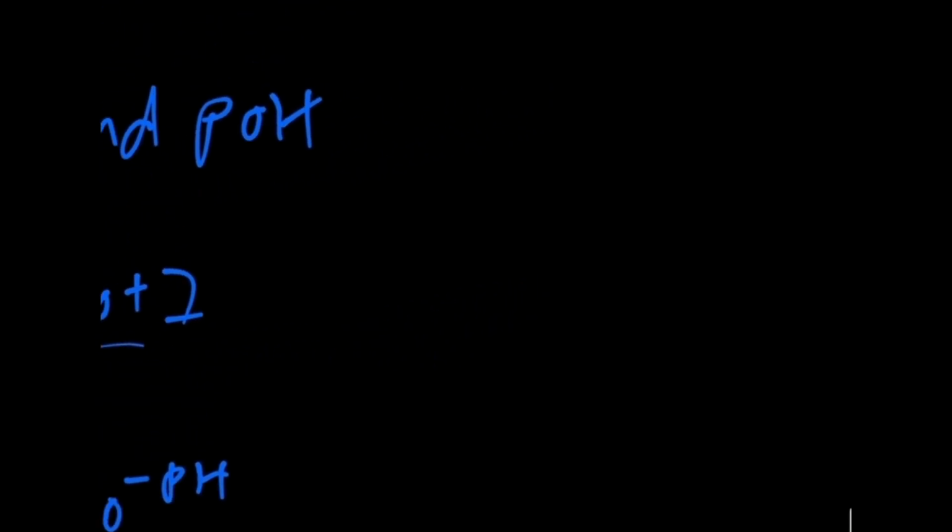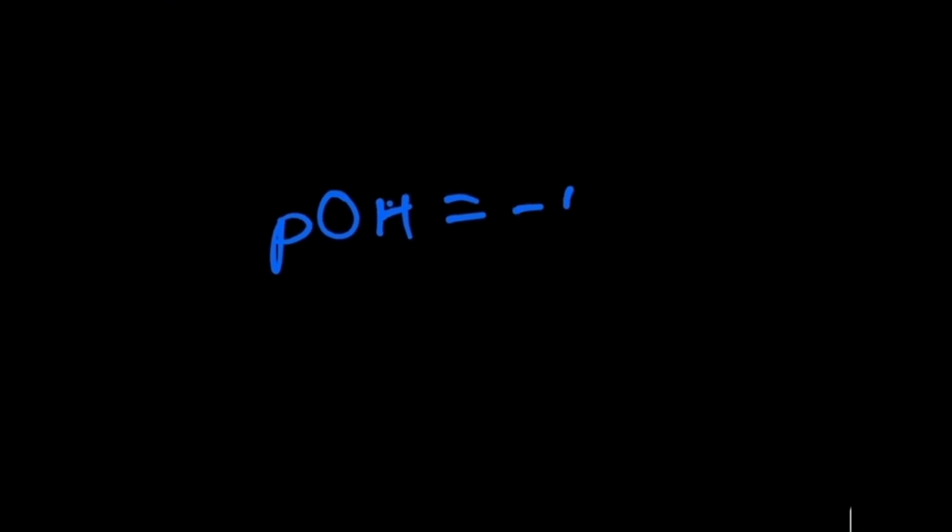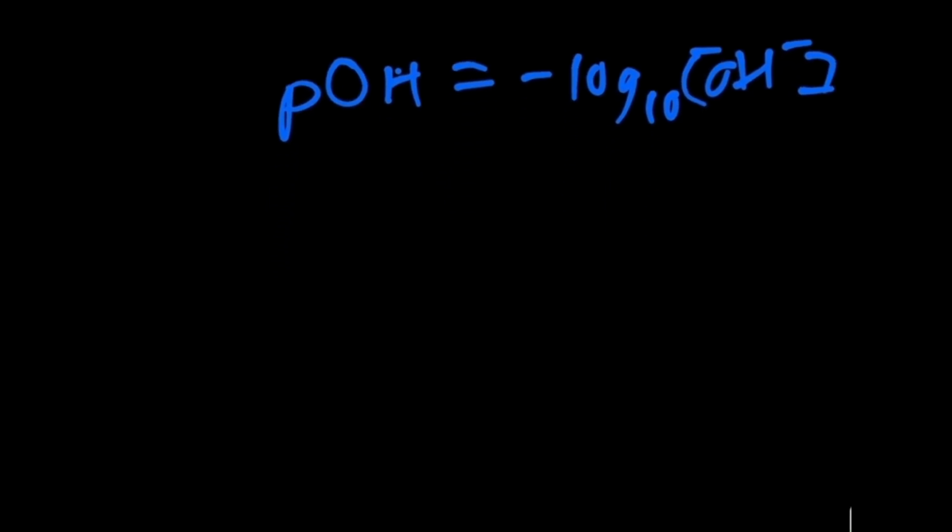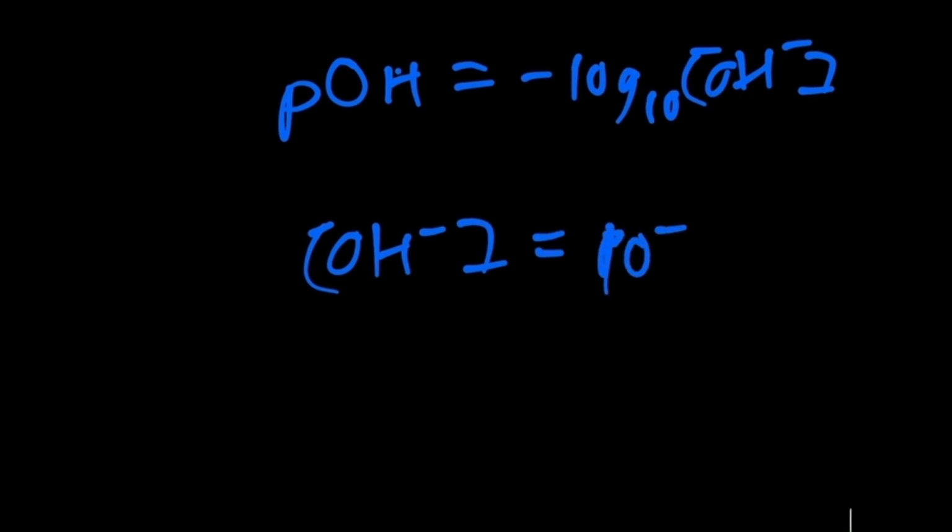Similarly, if we want to find the pOH, we can do the same thing but with the hydroxide anion, right? So with this, it's just pOH equals negative log base 10 of the OH minus concentration. And the OH minus concentration from pOH is just 10 to the power of negative pOH.